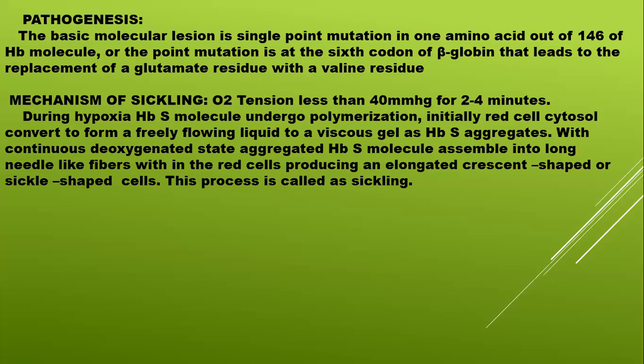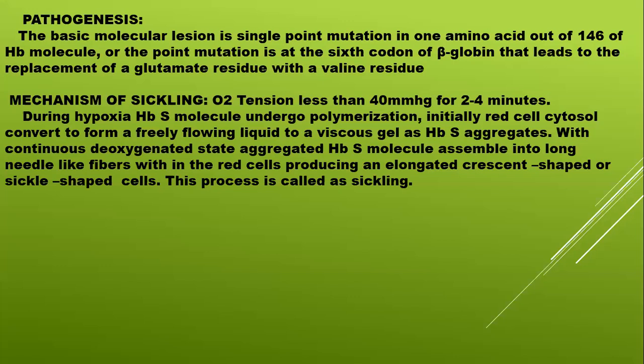Mechanism of sickling. Oxygen tension when less than 40 millimeters of mercury for 2 to 4 minutes. During hypoxia, hemoglobin S molecules undergo polymerization. Initially, the red cell cytosol converts from a freely flowing liquid to a viscous gel as hemoglobin S aggregates.